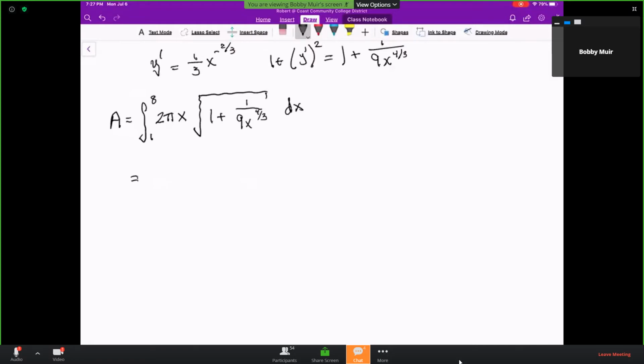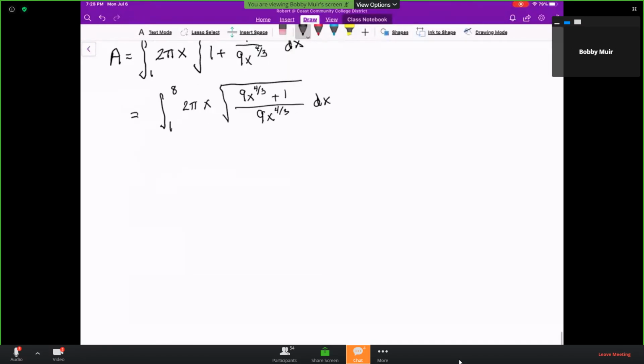Okay, so now let's see here. What would Bobby do? Well, he would probably common denominator the fraction to get 9x to the 4/3 plus 1 over 9x to the 4/3.